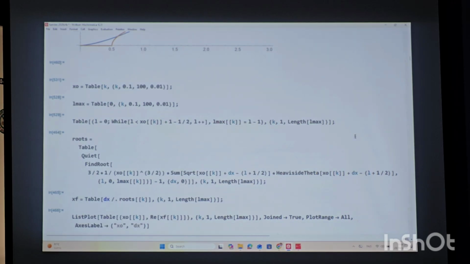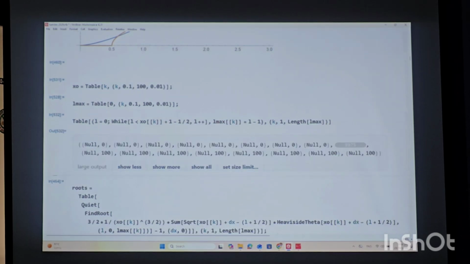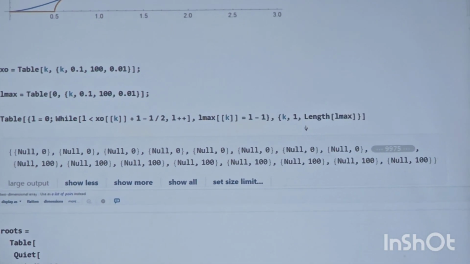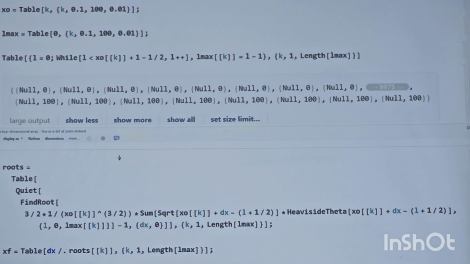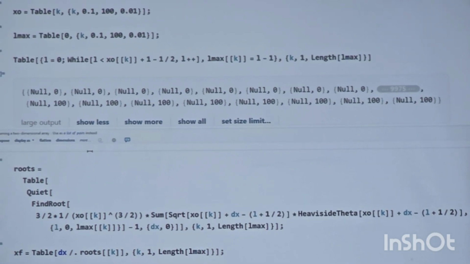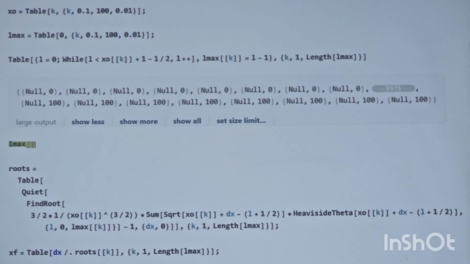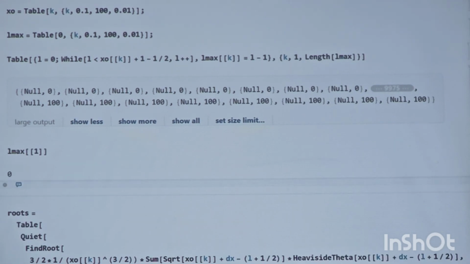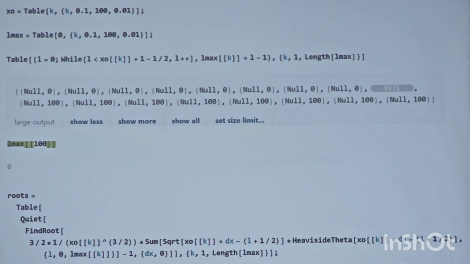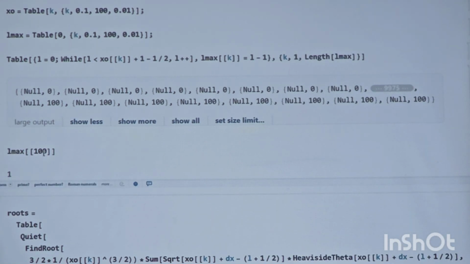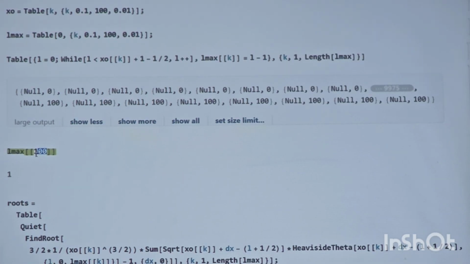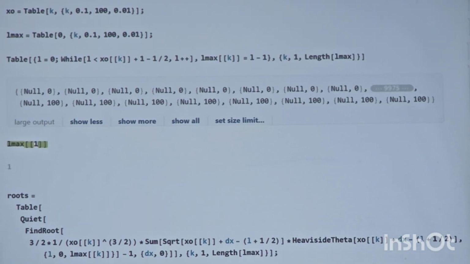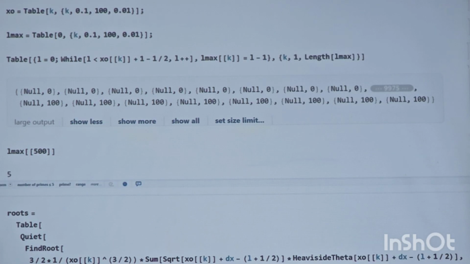And this really is your L max. Your first L max is 0, your 100th L max is 1, the 500th L max is 5, and so on. So you get a sequence of L maxes.